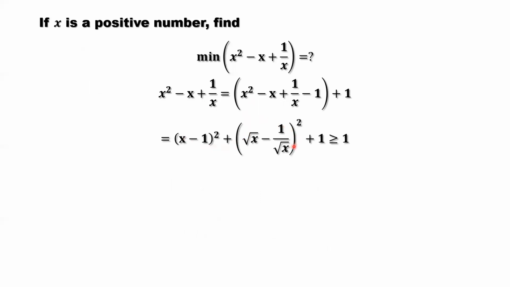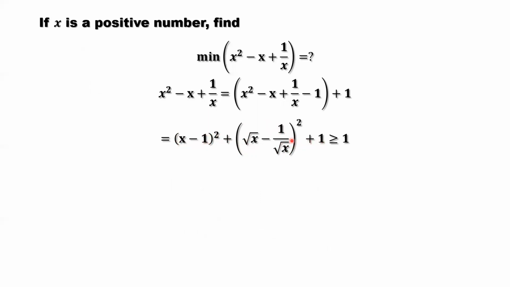So here. Now, look, this is a square. This is a square. What's the possible minimum value for a square? 0. It cannot be negative. So the minimum value for this is 0. Minimum value for this is 0. So both numbers are non-negative.